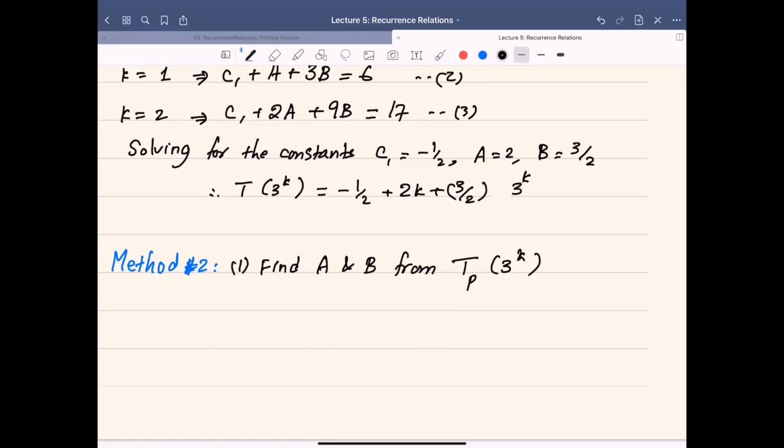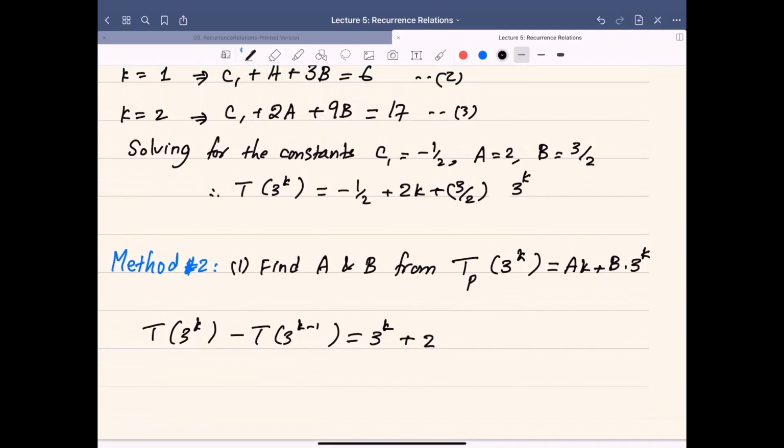This is equal to AK plus B times 3 raised to power K. So when you need to substitute into this equation, you have T 3K minus T 3K minus 1 is equal to 3K plus 2.